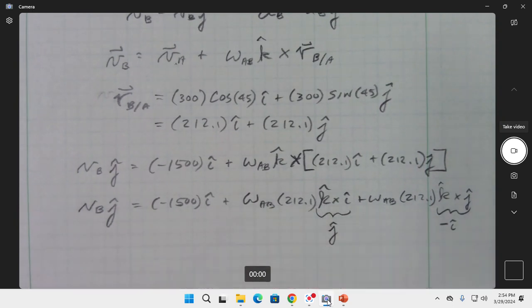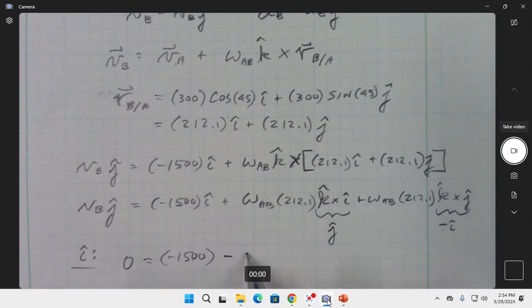I don't need to rewrite the thing, but you could, it just takes time. So let's do the I direction first. 0 is equal to negative 1,500 minus omega AB times 212.1.